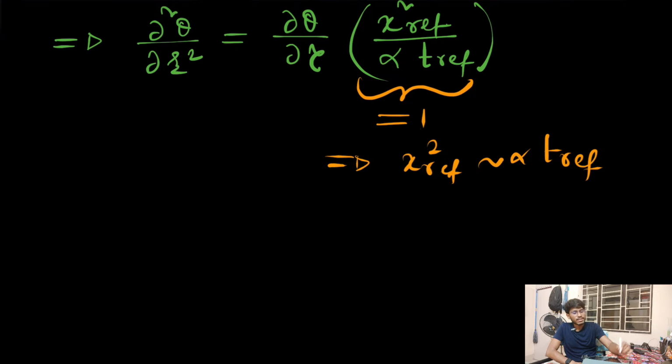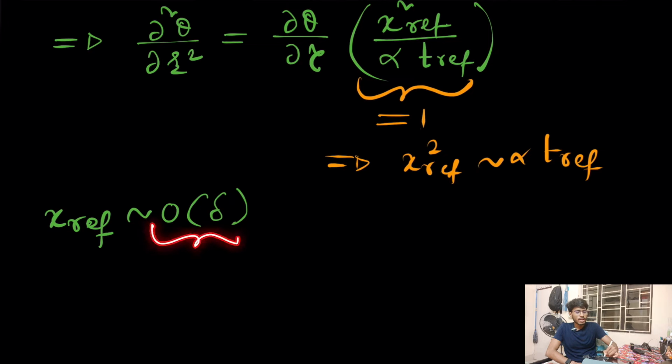So now I take my x ref of the order of the heat penetration depth. So I hope that you know this sign already. So this sign is of the order of. So I could have just loosely told that my x ref is equal to delta. That will also suffice my purpose.